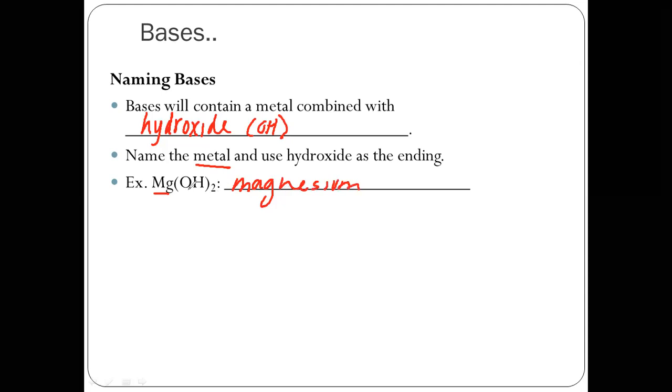And then you name OH, which is hydroxide from table E. Magnesium hydroxide. Okay, so take a minute and do questions 1 through 7, because number 8 is a weird one. And then come on back and we'll talk about the answers.